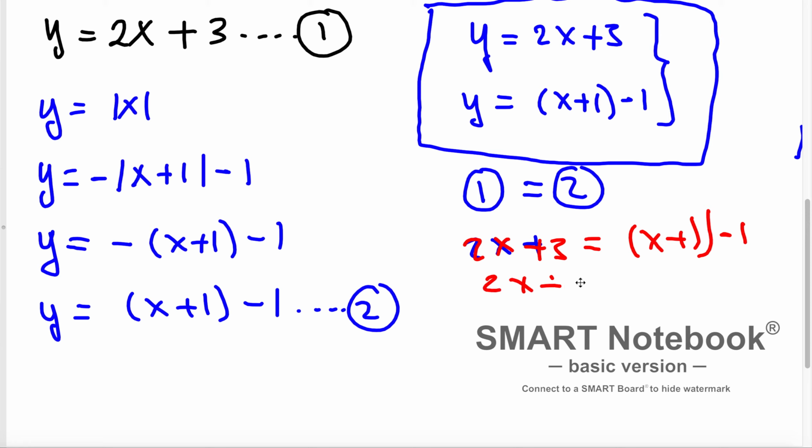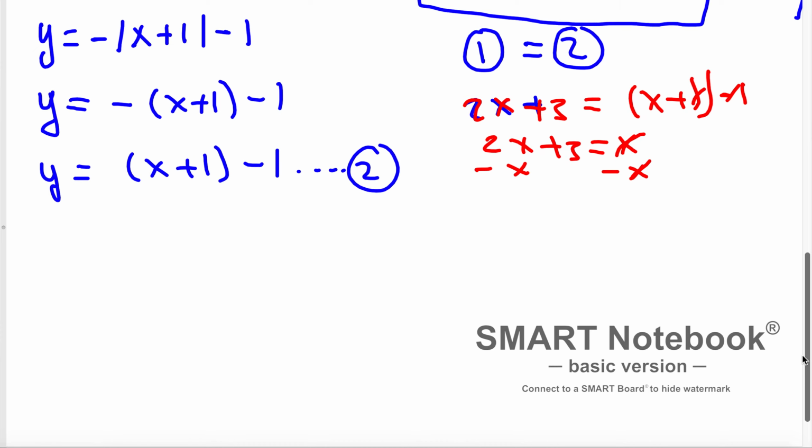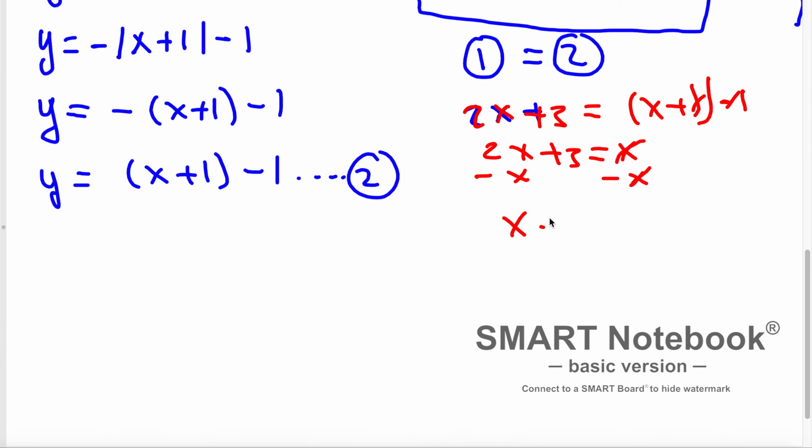Plus 1 minus 1 is 0, so we have an x here. Minus x on both sides, and this we can cancel. 2x minus x is just x, plus 3, and on the other side is 0. Minus 3 on both sides, this we can cancel. So x is equal to minus 3.